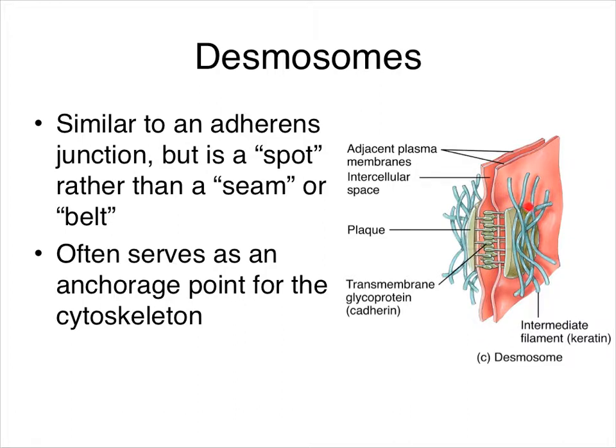So you just have this one area where you have a snap with the cell next to it. And again, this snap is made out of these proteins here that go in between the cells and that lock teeth with each other.